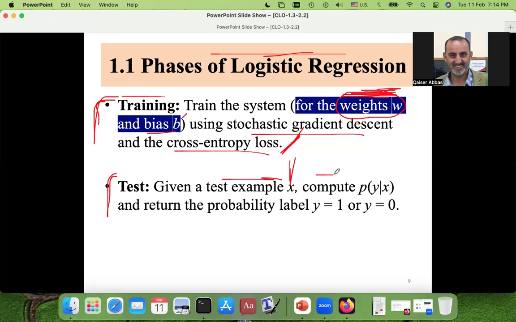Your model will calculate the probability of the class that the model wants to predict, given the input data X. When it calculates that probability, it will return that probability value, and based on it, you can say whether your class can be predicted or not.